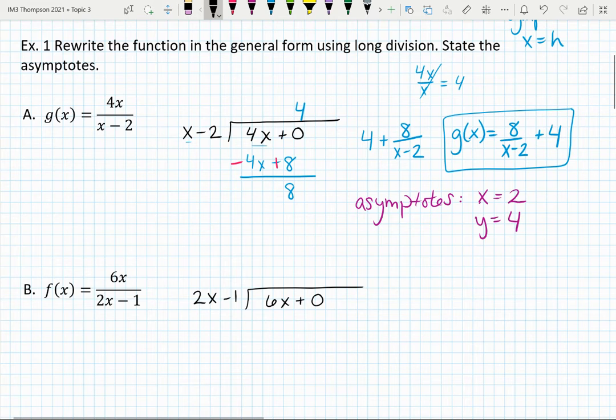If you do this correctly, you should have a remainder of -3.